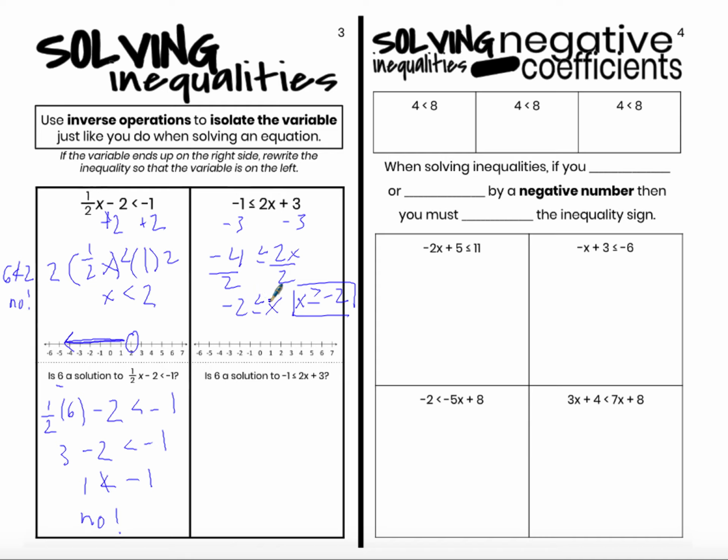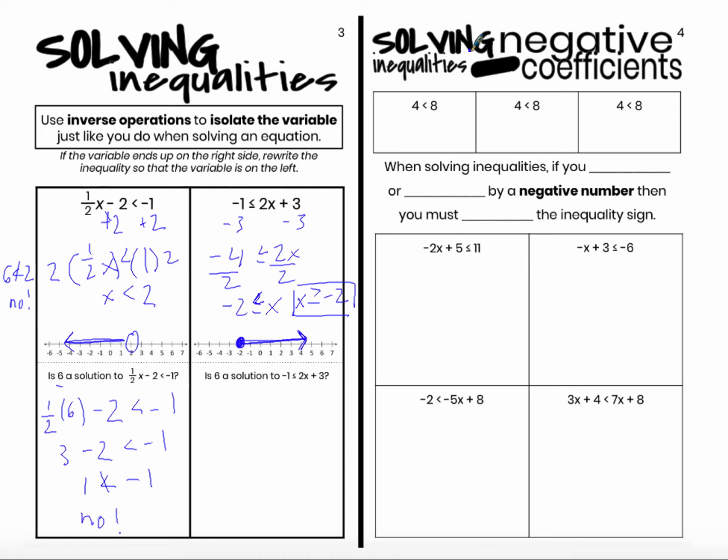We're going to write the equivalent statement, -2 is less than or equal to x, as x is greater than or equal to -2. Again, this allows you to properly graph your variable, and this is the accepted way to write an inequality with the variable on the left. So x is greater than or equal to -2, making sure that when you rewrite it, it is an equivalent inequality. So the alligator's eating the x here and here as well.